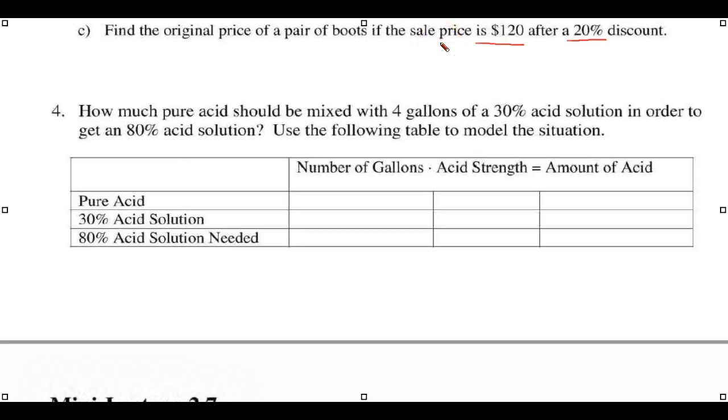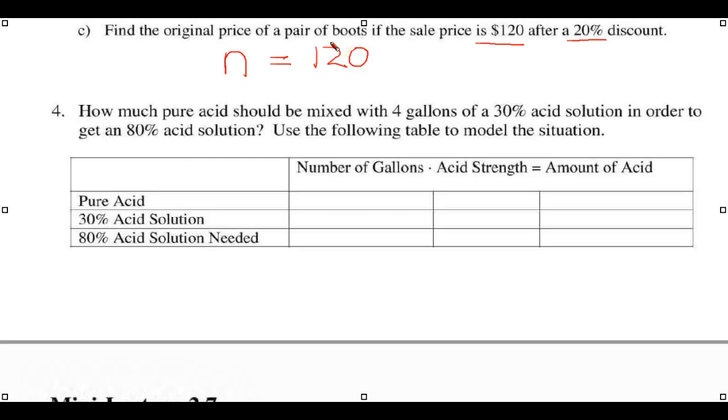It's close, but it's incorrect. You cannot do it that way. So let's do a little bit of algebra here. We're going to say the original price is going to be N. And somehow we want to get that N to be 120.